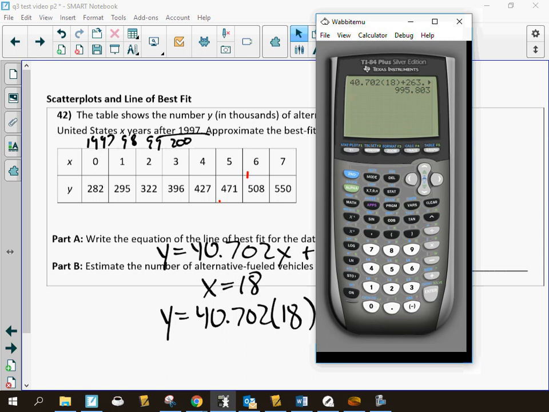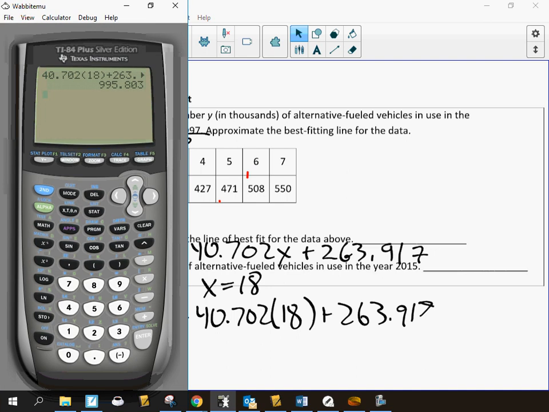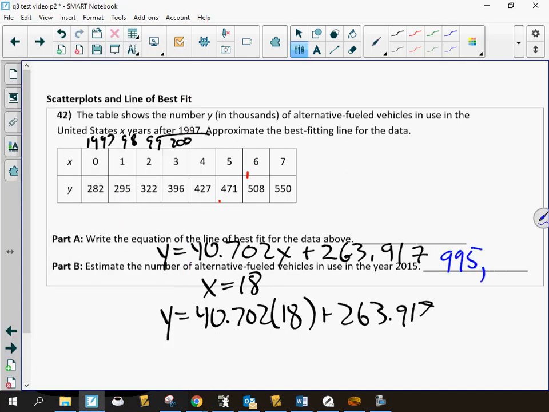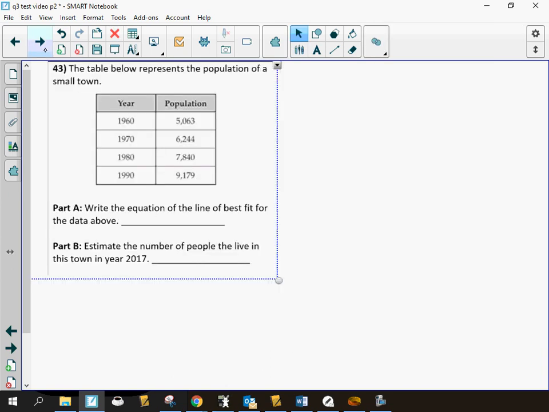And we get approximately 995,000, because the values are in thousands. So how many vehicles will there be? 995,803. Because these are not the number of vehicles. Number of vehicles are given in thousands. All right, so another problem.